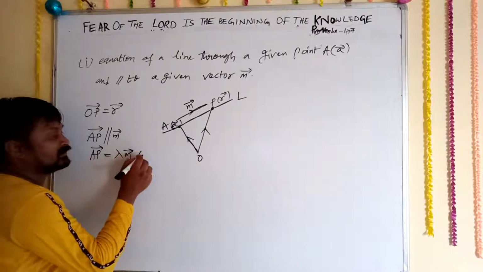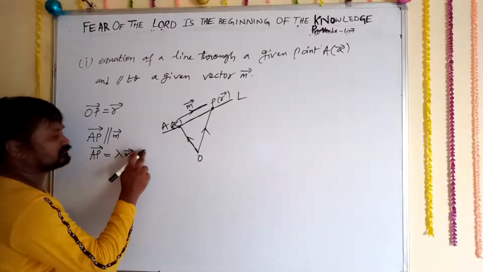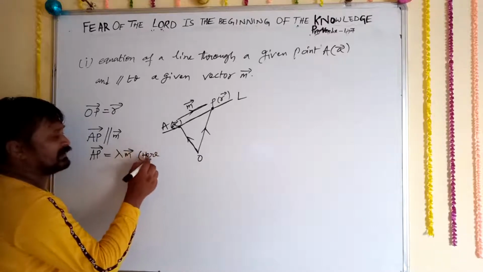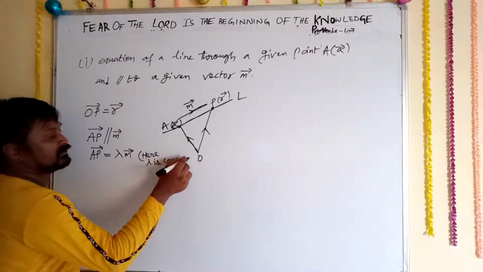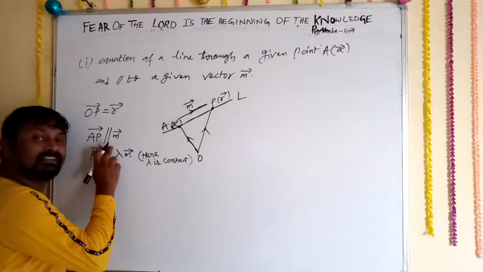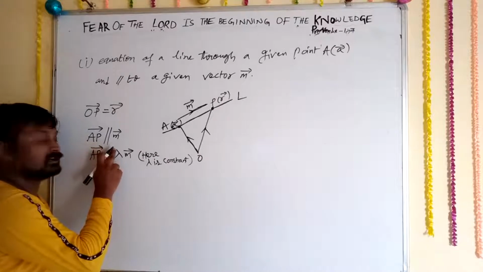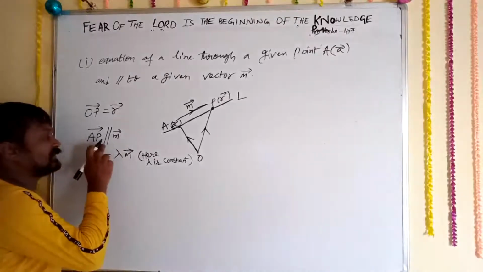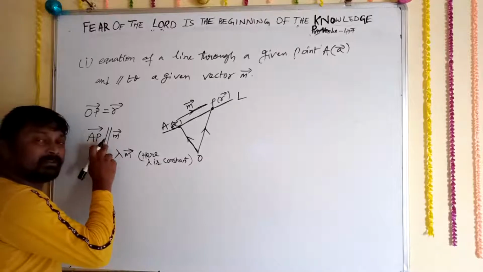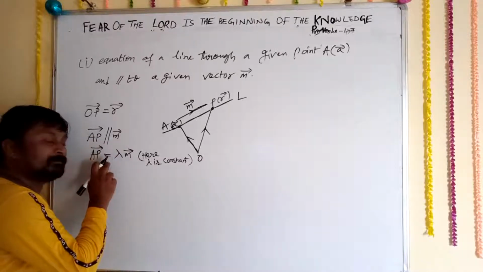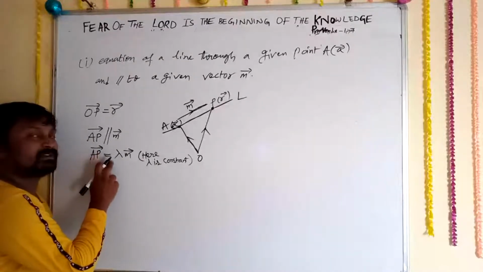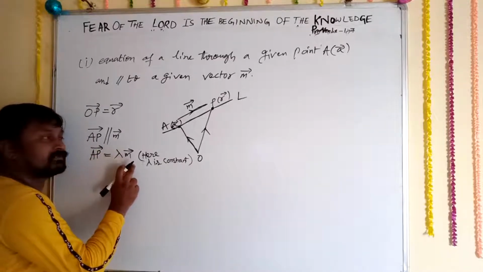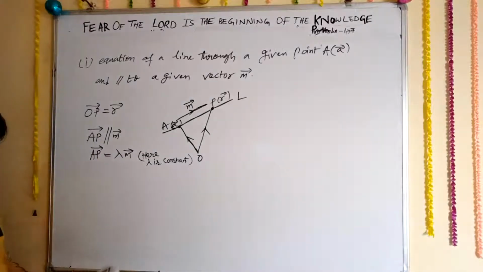I hope you learned this kind of thing in physics. If you want to remove the parallel symbol, we have to put an equal to symbol and then a constant. That's the reason we wrote AP vector equal to lambda m vector. I hope you all understood why I wrote this. So next.